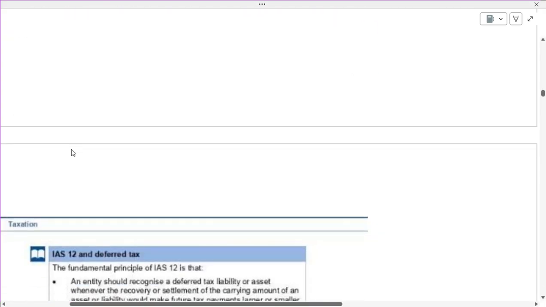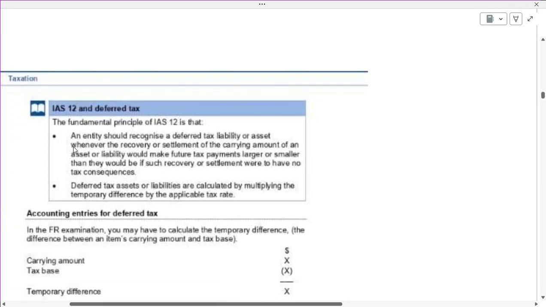What is the fundamental principle of IAS 12? The entity should recognize a deferred tax liability or asset whenever you are going to make future tax payments.